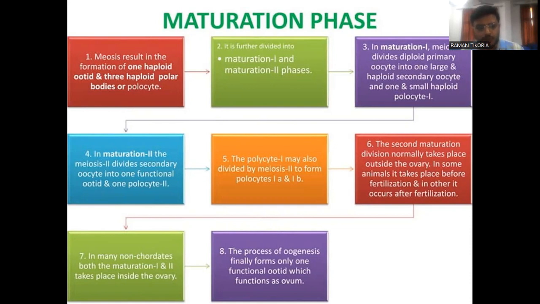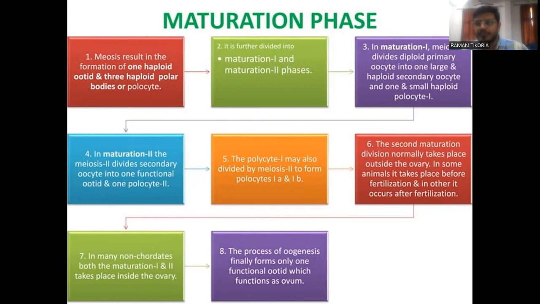In maturation 2, meiosis 2 divides the secondary oocyte into one functional ootid and a second polar body. The first polar body also divides by meiosis 2 to form polar bodies 1A and 1B, or polocytes.